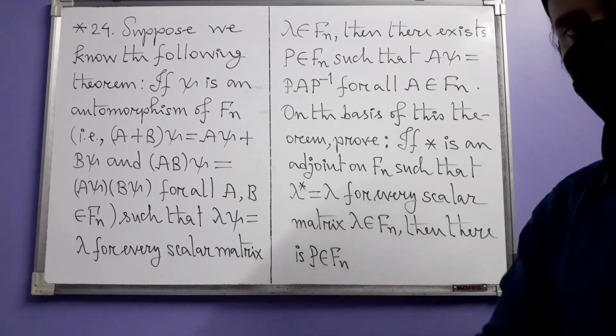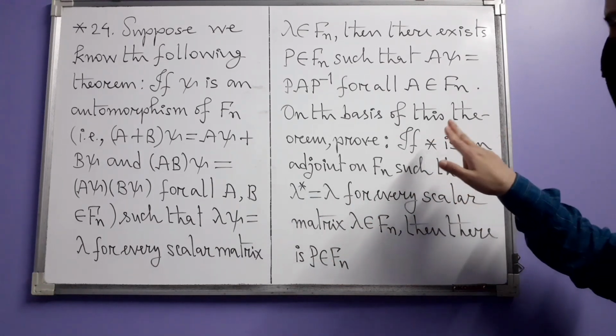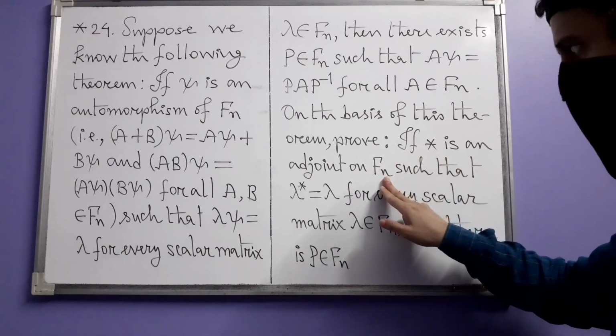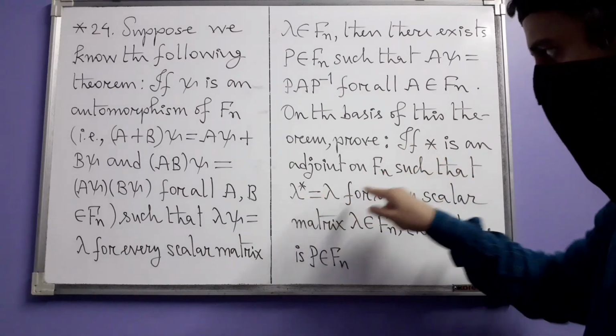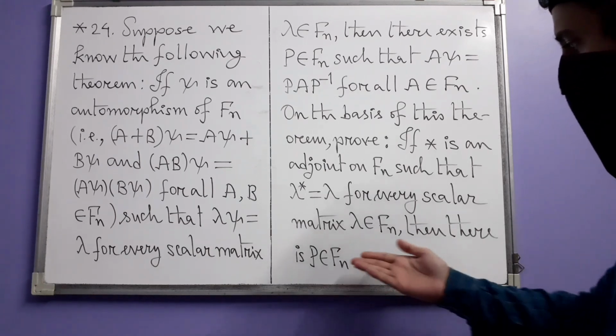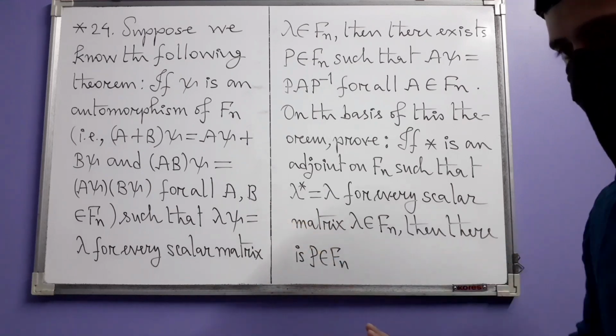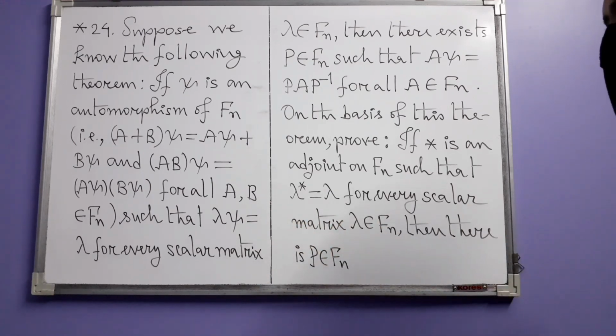And now what is it that we have to prove using this result? If star is an adjoint on Fn which fixes every scalar matrix lambda, just like psi, then there exists a P in Fn for which something happens. Okay, I ran out of space, so now let me complete this.